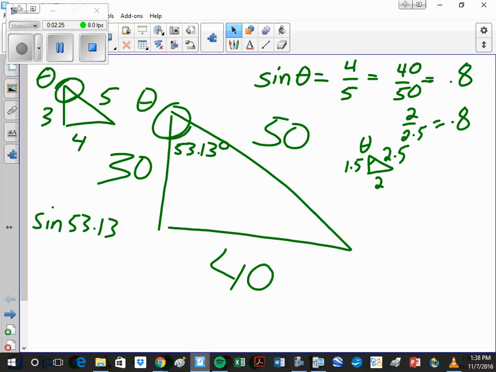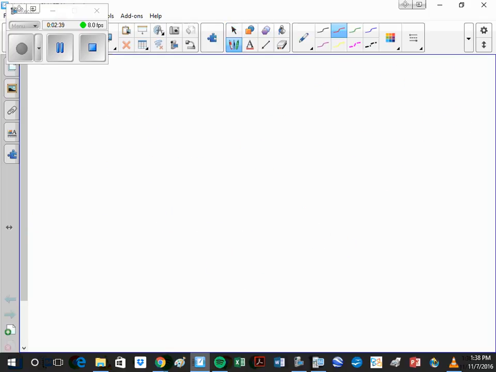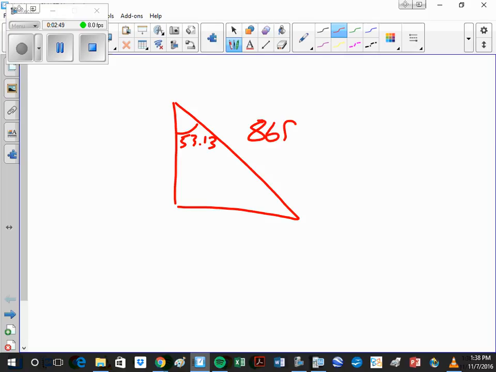How does that help us? Well, if I know what the ratio is, and I know how big the triangle is, I can use that information to find the rest of the triangle. If we have our similar triangle, 53.13, and I knew that the hypotenuse was 86 feet, how big is the opposite side? Well, we use trig. This would be theta.